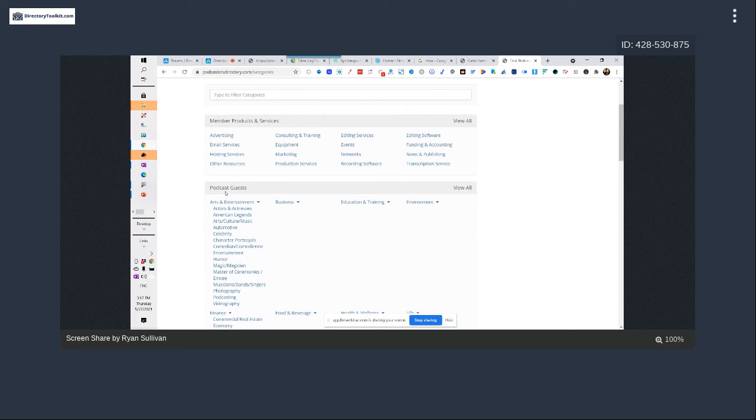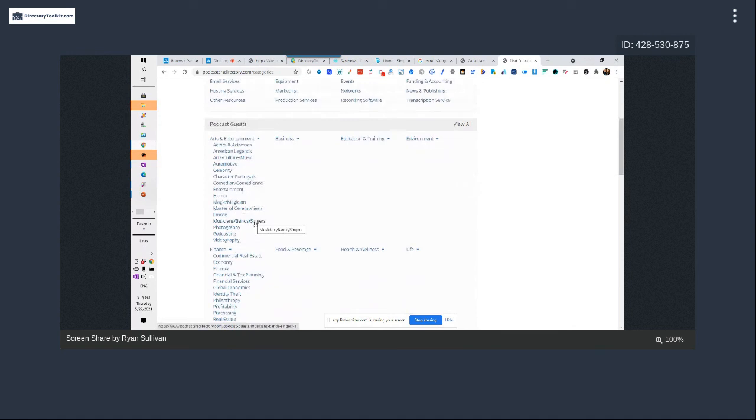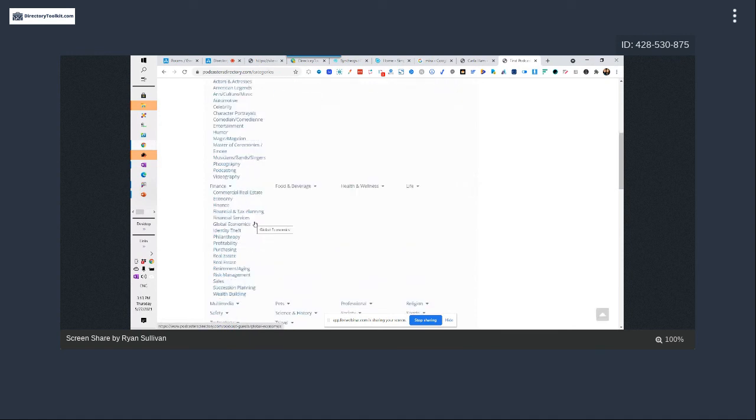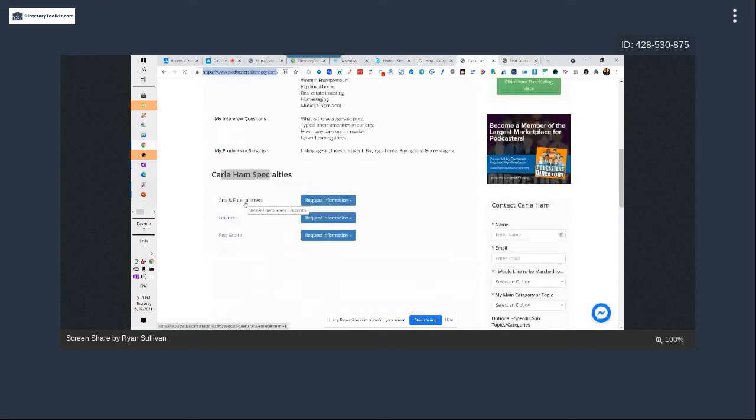It's under business and under finance, but because she's a real estate investor, she chose the category for real estate under finance instead of under business. But when she picked it, it also dropped her into arts and entertainment, which has no relation to that at all, unless it's that second category for real estate.